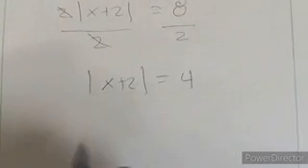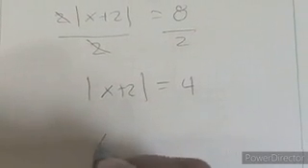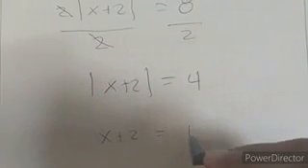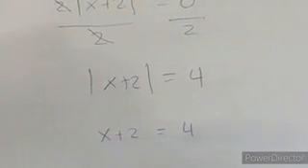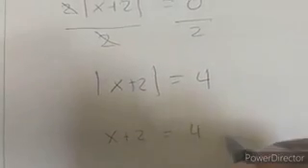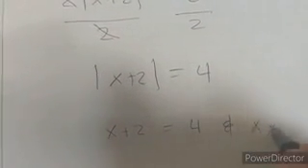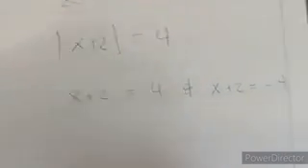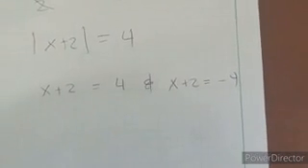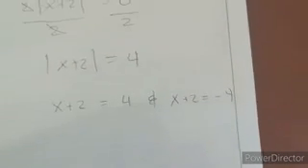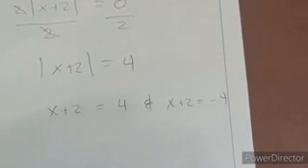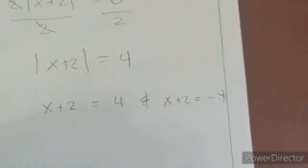And so in this case, I will set x plus 2 equal to 4 and x plus 2 equal to negative 4. That will give me the 2 answers that I can put in for the x that should produce the answer of 4. So let's go ahead and finish solving.